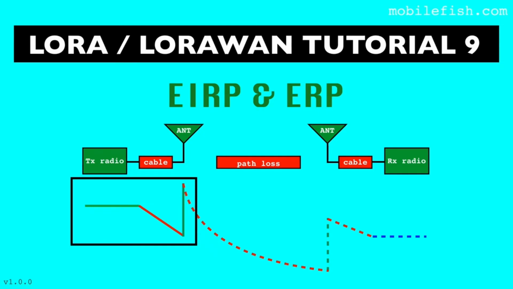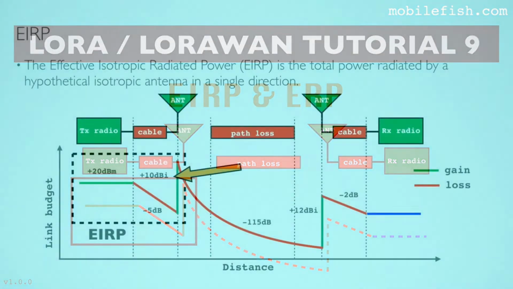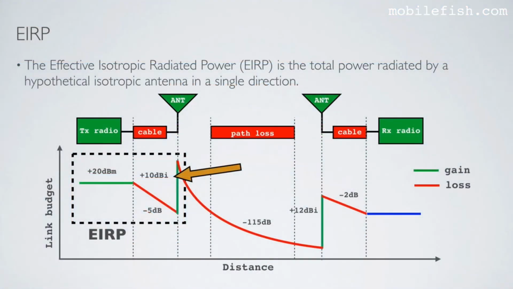In this tutorial, I will explain what EIRP and ERP are. The effective isotropic radiated power, or EIRP, is the total power radiated by a hypothetical isotropic antenna in a single direction. The EIRP is the transmission power plus the antenna gain minus the cable loss, and the value is expressed in the unit dBm.